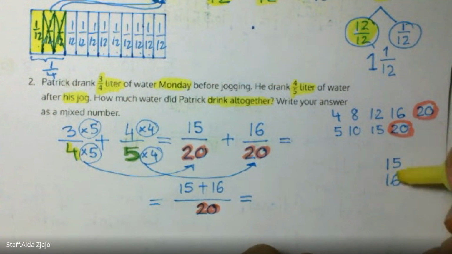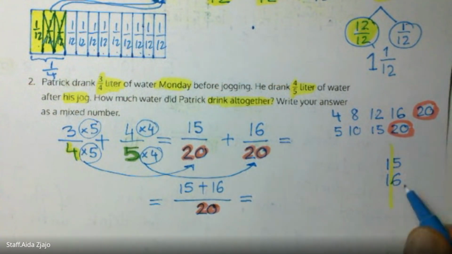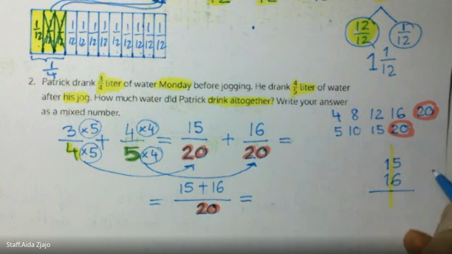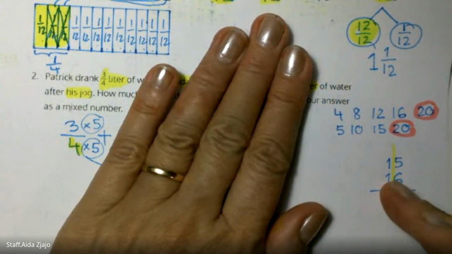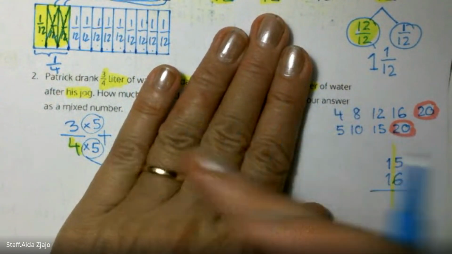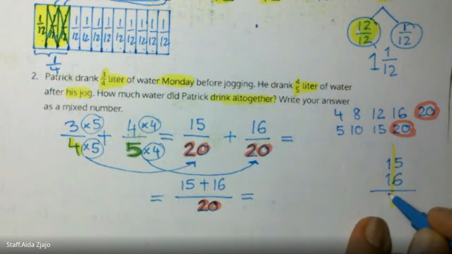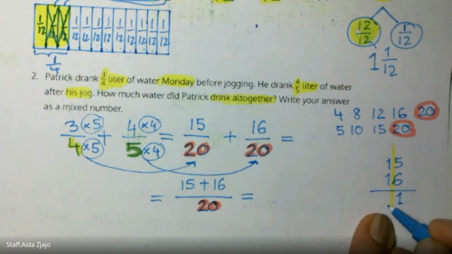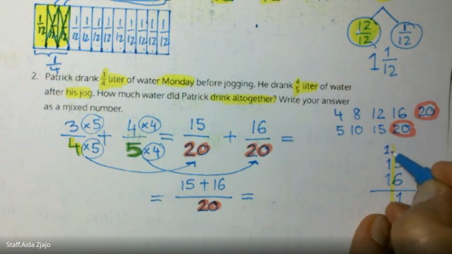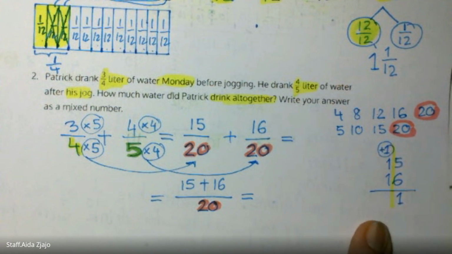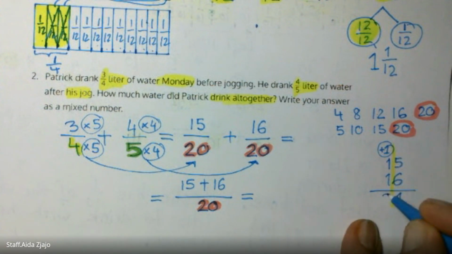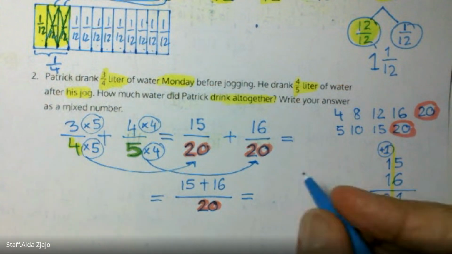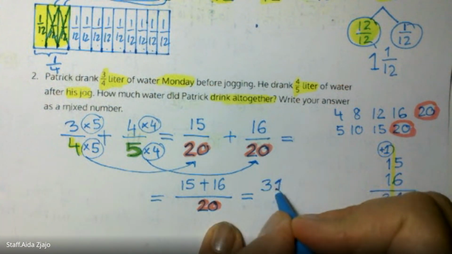You can draw a line through it and then think 6 in your brain, add 5 more. 6, 7, 8, 9, 10, 11. So 5 and 6 is 11. Then I made one 10, so I didn't finish adding these, so I have to bring it up. 1, 2, 3. So the answer is 31. So we have 31 20ths.